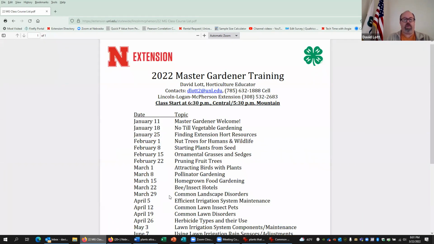And we're going to talk about common landscape disorders. These are the boo-boos that show up, whether they were good intentioned or not. So I'm going to show you some of my favorite offenders of things to avoid. How about that? Do you take pictures of my old yard? No, though I can drive around North Platte and get a really nice collection of mistakes.